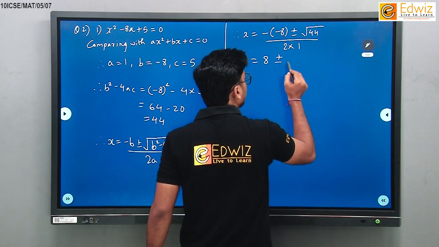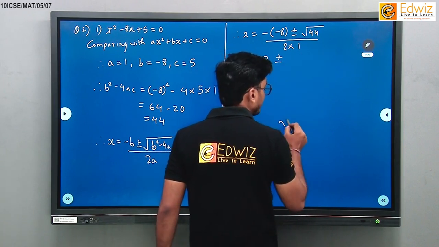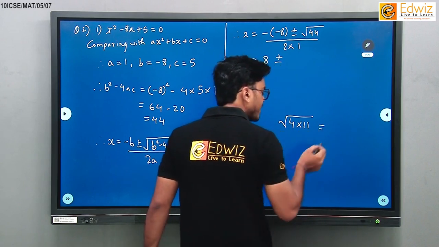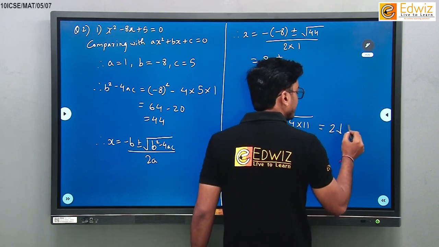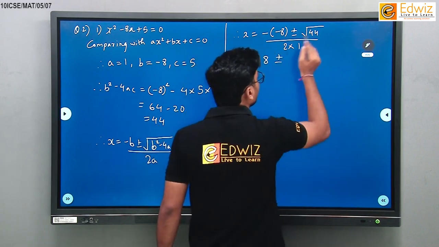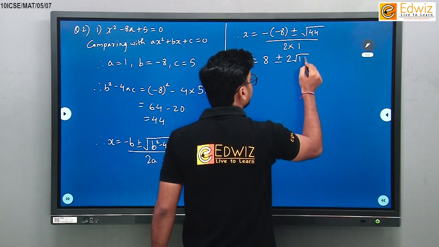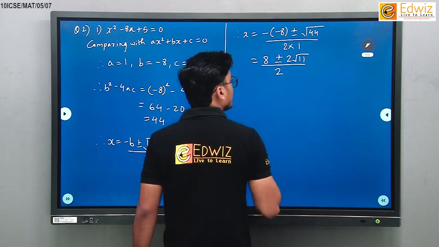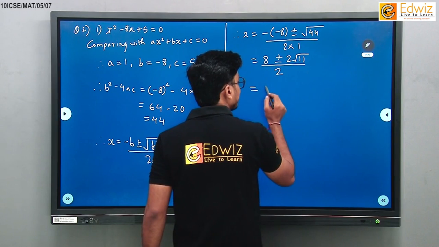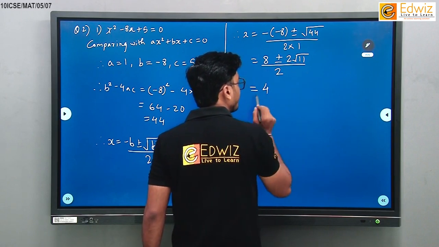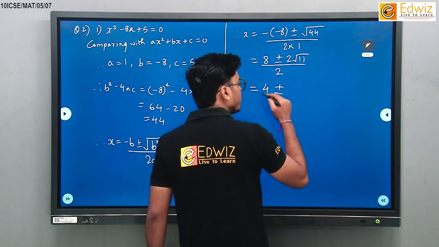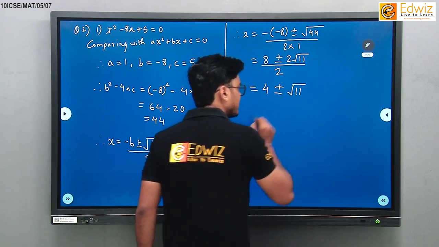We have plus or minus root 44. Root 44 is nothing but 4 into 11, correct? So root of 4 can be taken outside as 2 and this can be written as 2 root 11. So I'll write root 44 as 2 root 11 divided by 2. Again, both these terms can be divided by 2. So let us write it as 8 divided by 2, 4, plus or minus 2 root 11 divided by 2. So 2 will get cancelled, only root 11 is left.